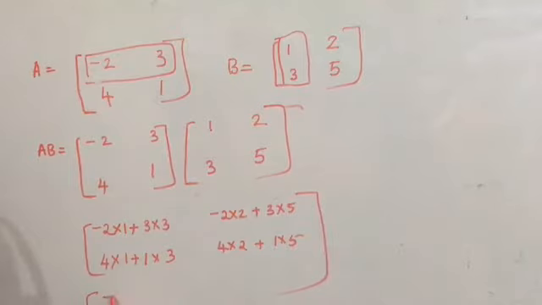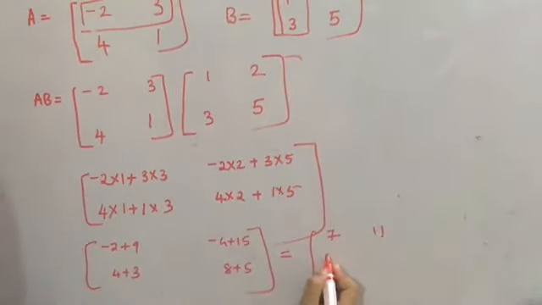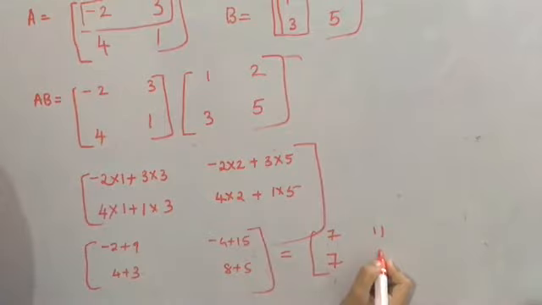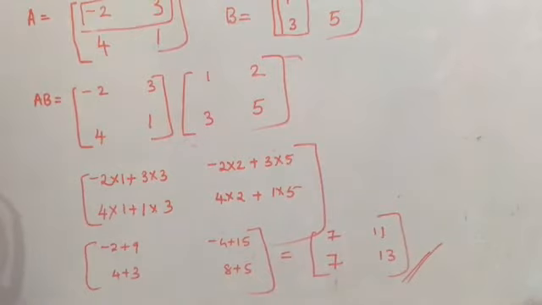Minus 2 plus 9, minus 4 plus 15, 4 plus 3, 8 plus 5. So you get minus 2 plus 9 is 7, minus 4 plus 15 is 11, 4 plus 3 is 7, 8 plus 5 is 13. So this will be the product of the given matrices.